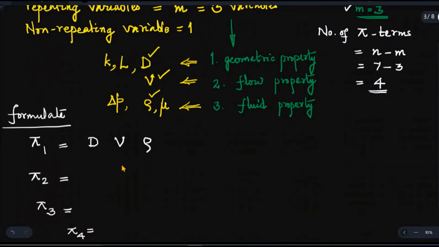In each of them, d v rho. I don't mean to say that you simply take the product, but we will now keep fixed indices for this d v rho. So here again d v rho, and now non-repeating variables.